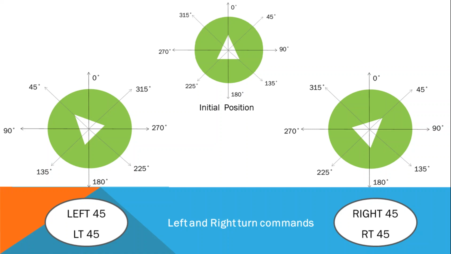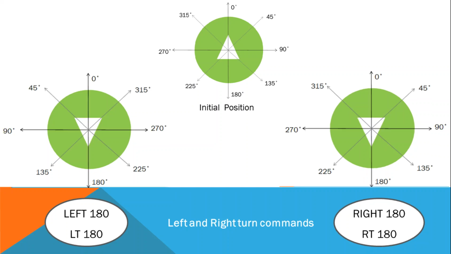Here we have provided the angle as 45 degrees. So you can see the turning movement of turtle on the screen. And this is the last example showing left and right turn with 180 degrees. We can notice that the final position of the turtle after left and right 180 degrees is the same.